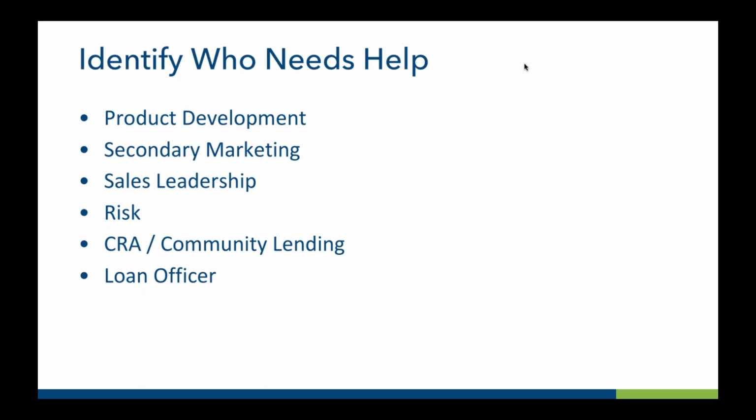So sometimes the issue is just identifying who needs that help. Is it somebody in product development? Is there somebody in secondary marketing or capital markets that probably has most of the skill set and familiarity with some programs, but they just need a little bit of help figuring out what's out there, setting up a strategy to help loan officers identify and onboard new products?